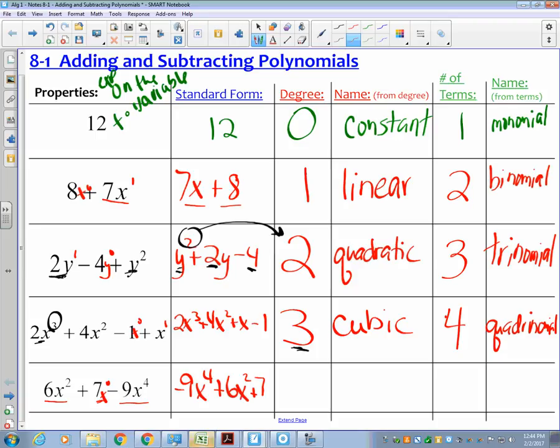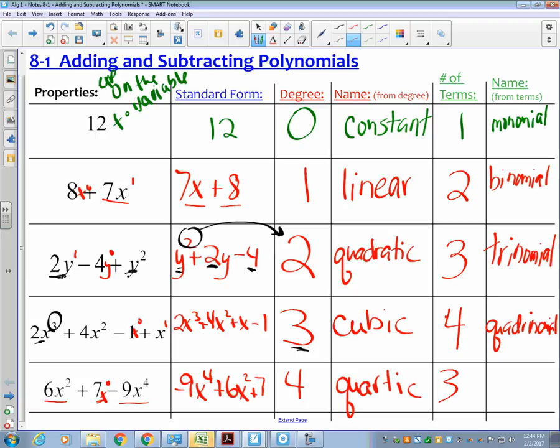This has a degree of 4. It is called a quartic. Quar meaning like 4. There are 3 terms.